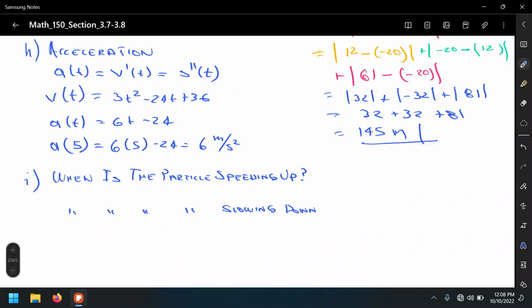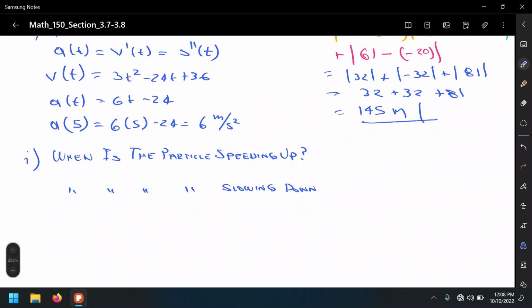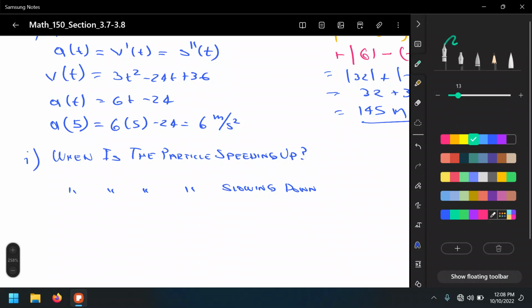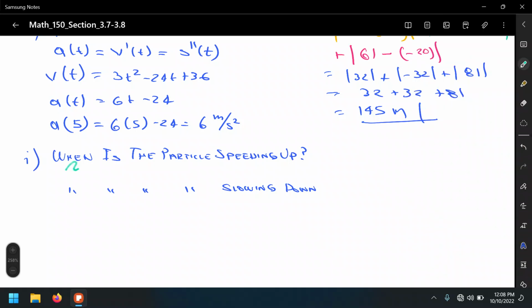All right. Well, so there's a couple of pieces of information that we need to have together for number one, speeding up, and another couple pieces of information or conditions for slowing down. So a particle speeds up when both the velocity is positive and the acceleration is also positive.